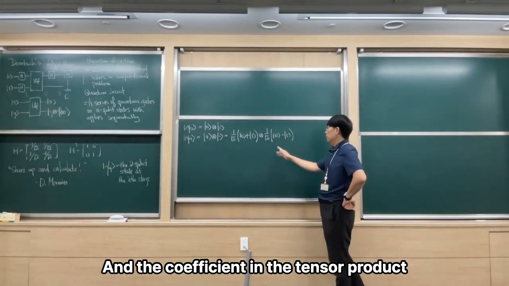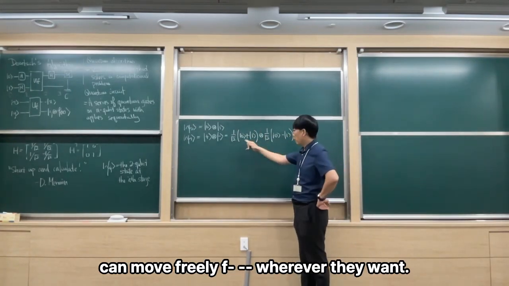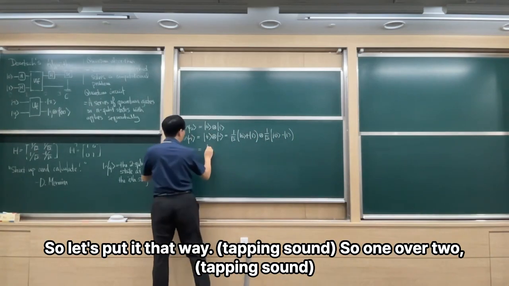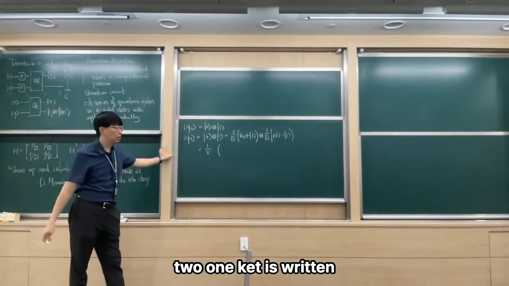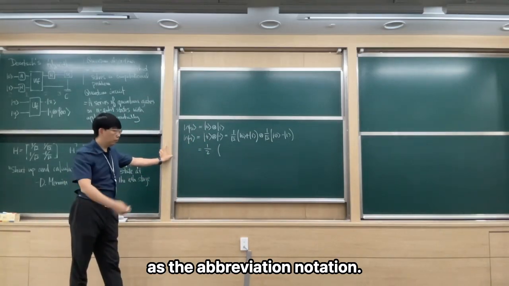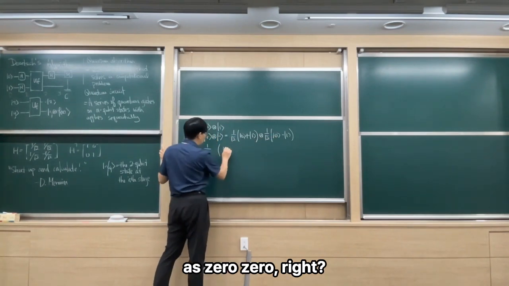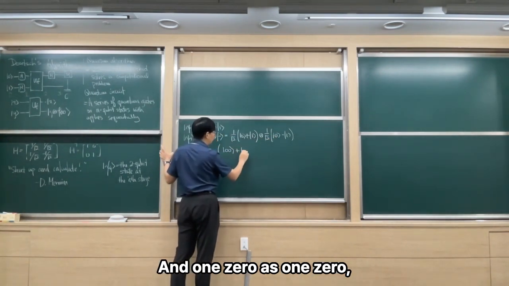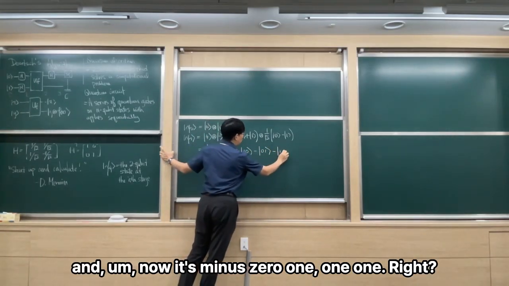The coefficient in the tensor product can move freely wherever it wants. You can even put it outside of the tensor product. So let's put it that way: 1 over 2. Then the tensor product is written in abbreviated notation. So we have 0 tensor 0 as 0, 0, and 1, 0 as 1, 0, and now it's minus 0, 1, 1, 1.